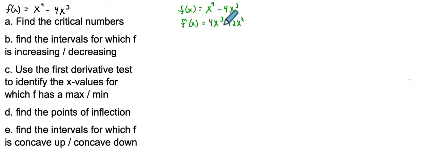It's a polynomial, so it's differentiable everywhere. So all I have to do is take that first derivative and set it equal to 0 to figure out where that occurs. I notice I have a 4x squared in common, so I factor that out. That leaves me with x minus 3.